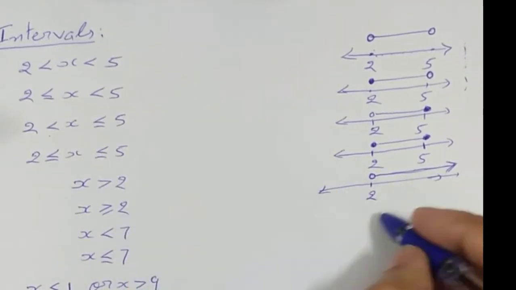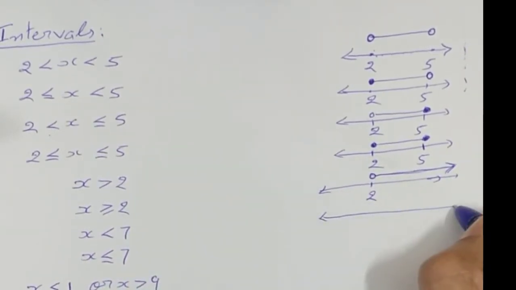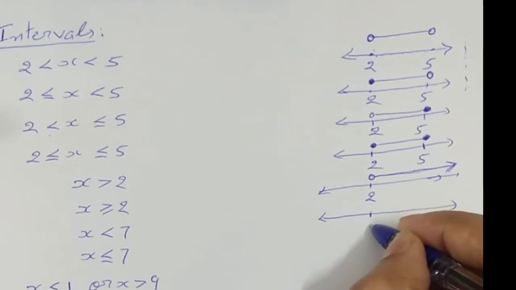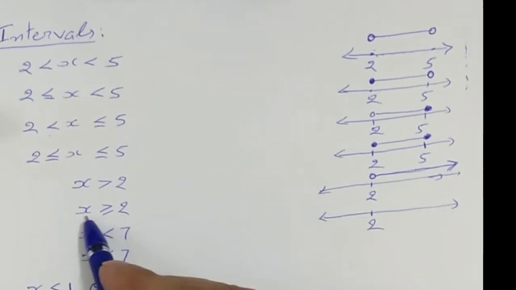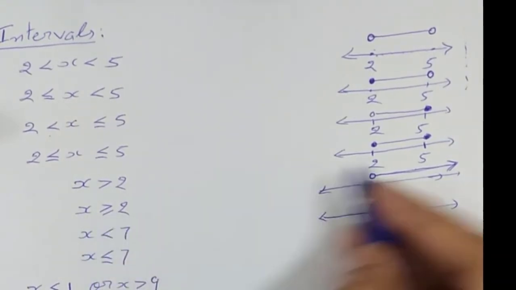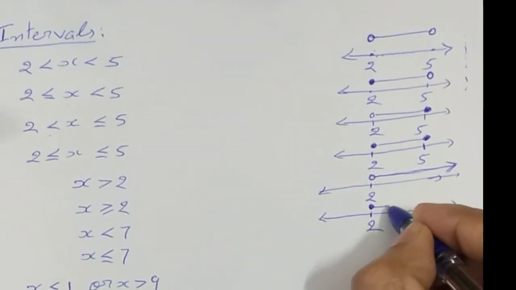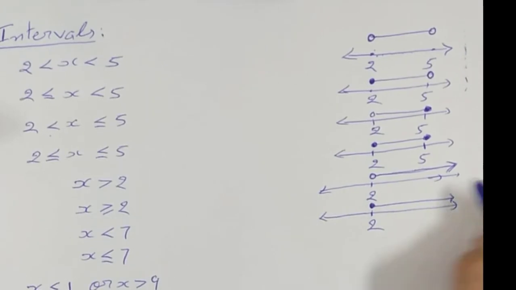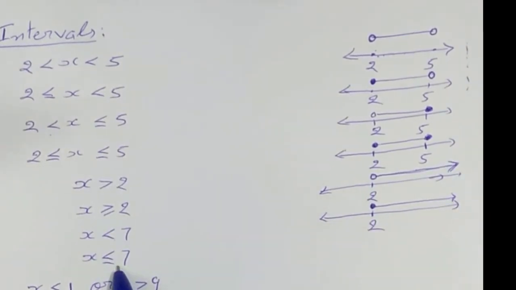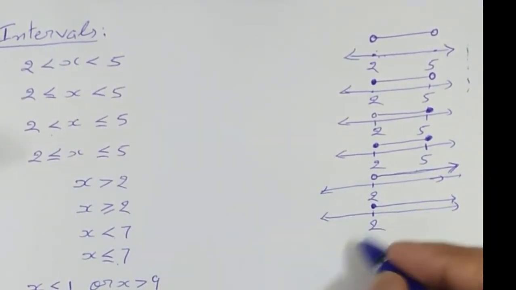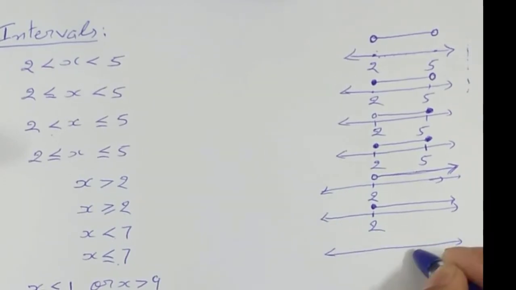Similarly, as far as this is concerned, I get 2. This says numbers which are greater than 2, but 2 is also included. So 2 is included, and the numbers greater than 2. Similarly, for 7, the arrow will be drawn on this side. Say 7 here.